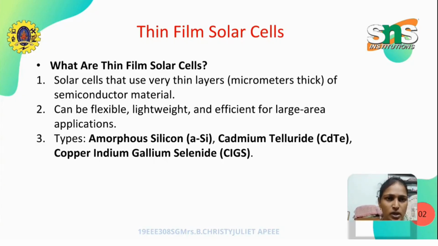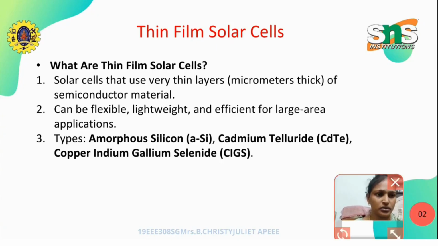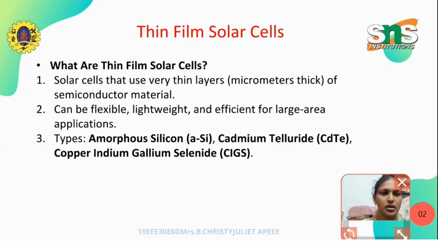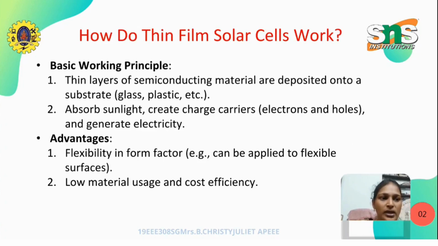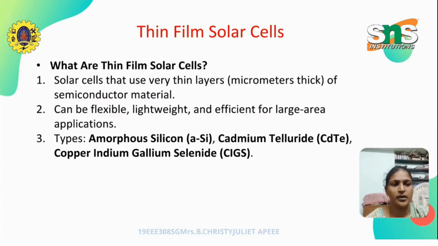What are thin film solar cells? These are solar cells that use very thin layers, which are micrometers thick, of semiconductor material. These kinds of solar cells are highly flexible, lightweight, and efficient for large area applications.